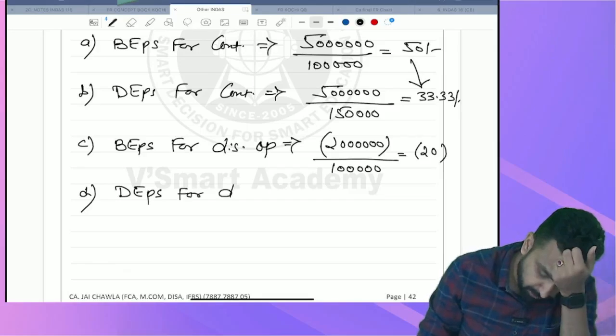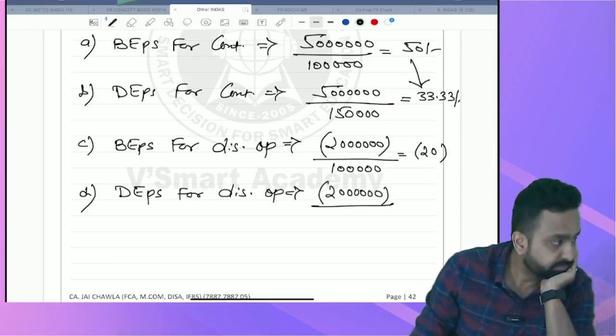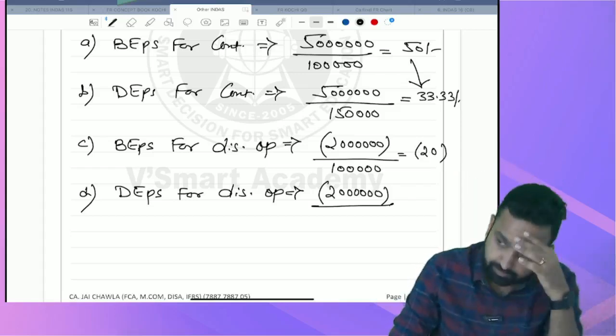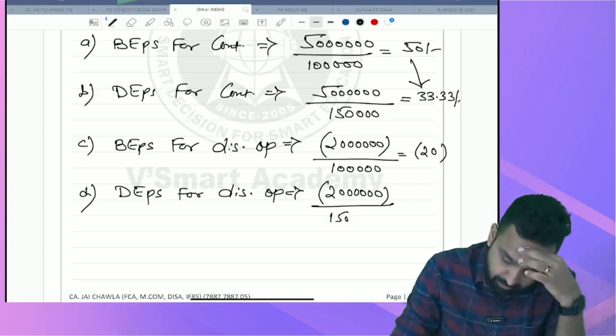Diluted EPS for discontinued operation, tell me. Negative 20 lakhs divided by 150 thousand.